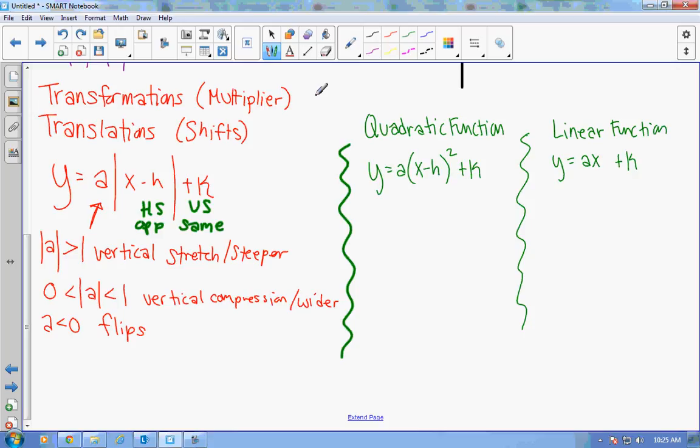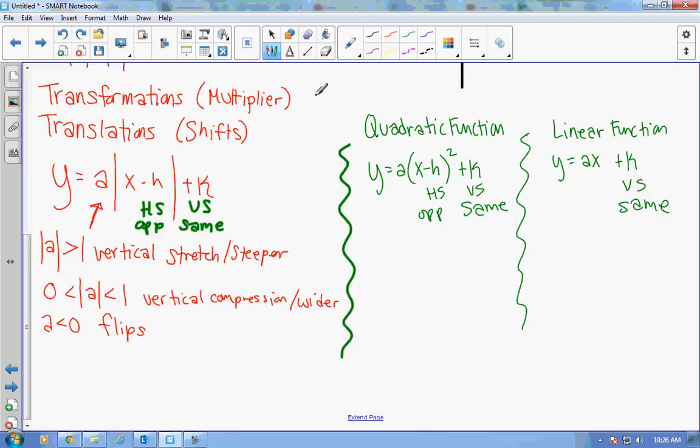So we still have horizontal shift, vertical shift, opposite, same. And the vertical shift is always the same if it's outside the function. Does the absolute value A, H, and K look the same as the quadratic A, H, and K when it's in vertex form?